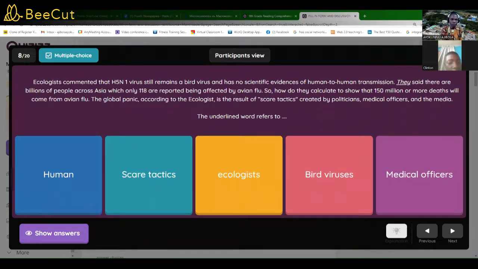This global panic, according to the ecologists, is the result of scare tactics created by politicians, medical officers, and the media. The underlined word refers to... medical, no, ecologists. That's correct.